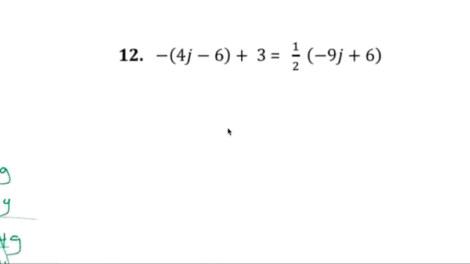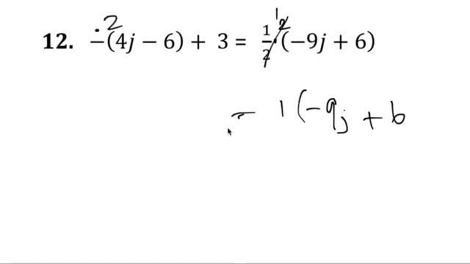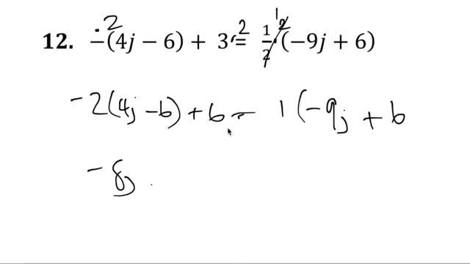Okay. All right. I'm going to get rid of the fraction first by multiplying all of them by 2. Multiplying by 2, you get negative 2, parentheses 4j minus 6, plus 6, negative 8j. Distribute. That's positive 12.